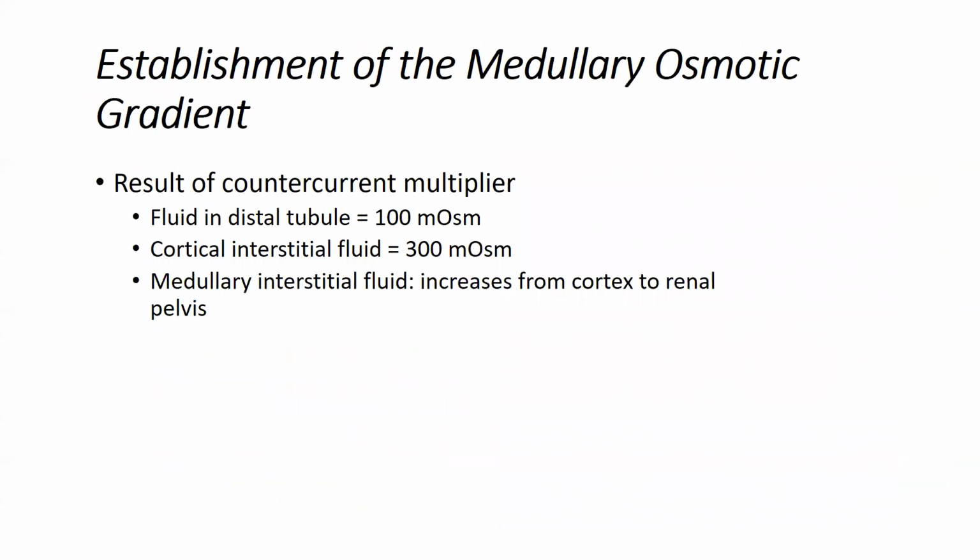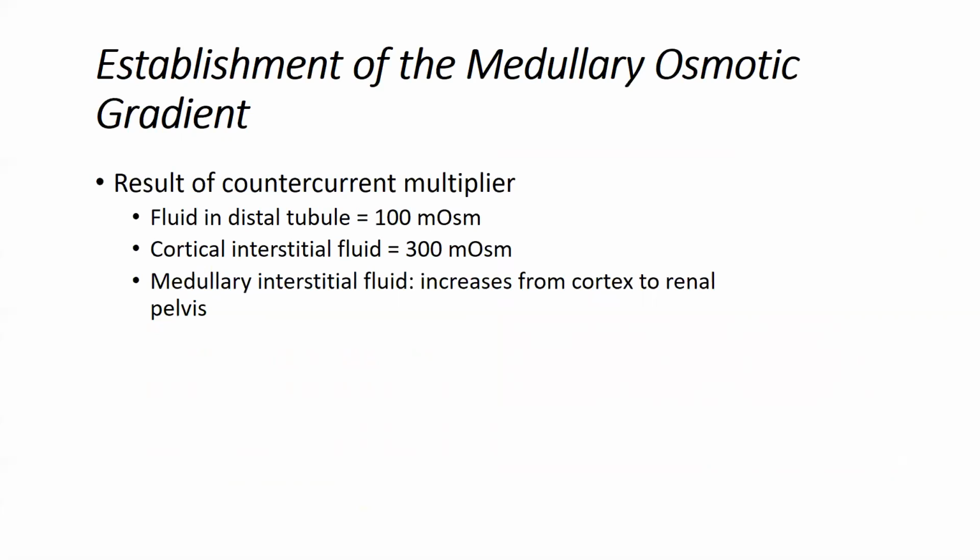All right. So let's look at some numbers here again. The fluid in the distal tubule goes all the way down to 100 milliosmoles. So it goes a little bit lower than that 300 where we started in the PCT. Whereas if you look at the interstitial fluid, so the fluid that's around the tubule, the osmolarity is increasing from the cortex down to the medulla.